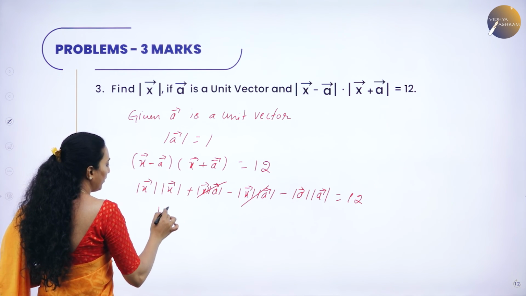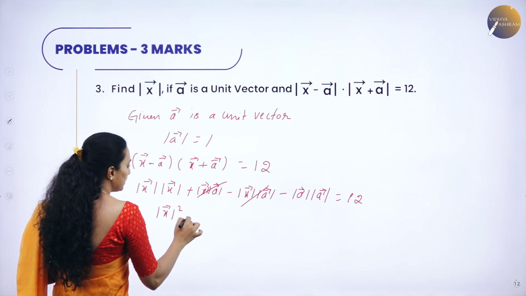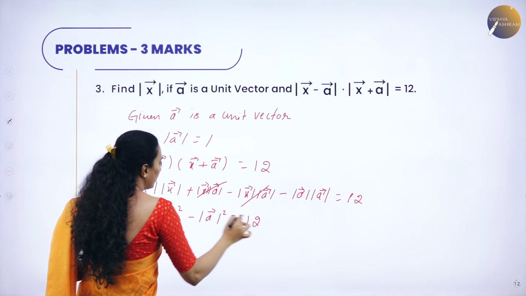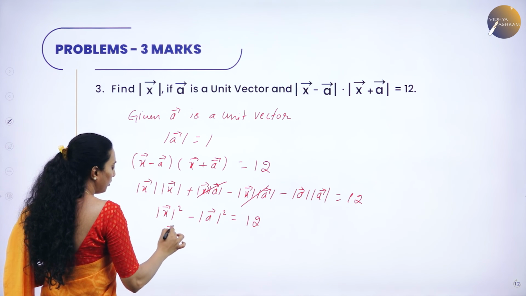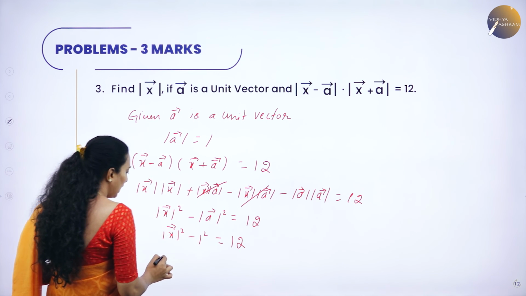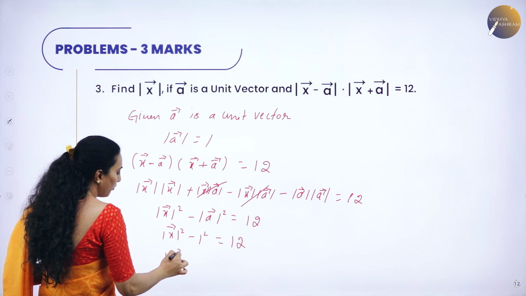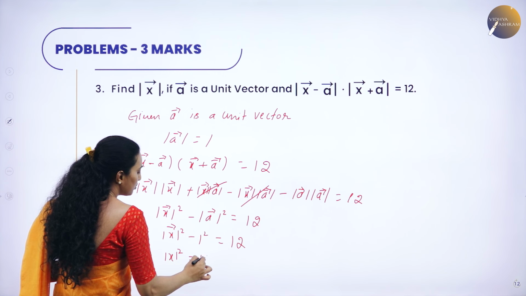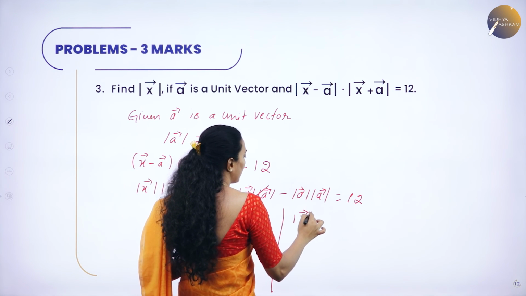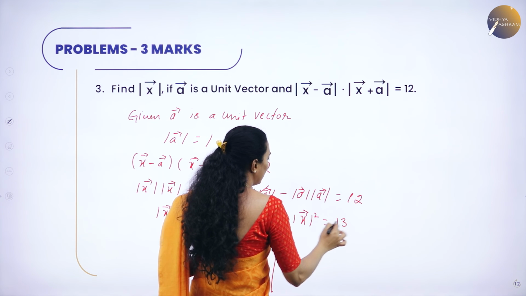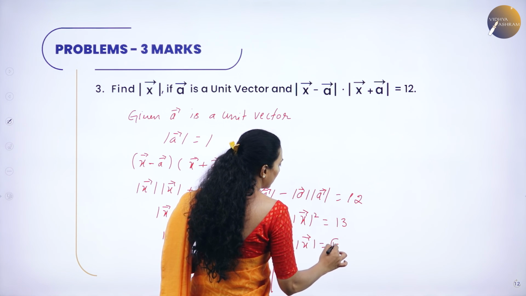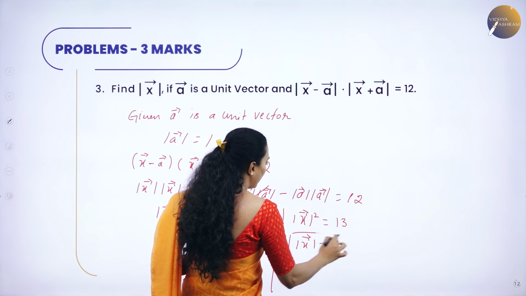This is magnitude of x vector square minus magnitude of A vector squared is equal to 12. Now, you can substitute this as 1. Magnitude of x vector squared minus 1 squared is equal to 12. Taking minus 1 to that side, magnitude of x vector squared is equal to 12 plus 1, which is 13. Otherwise, magnitude of x vector is equal to root 13. And this is your final answer.